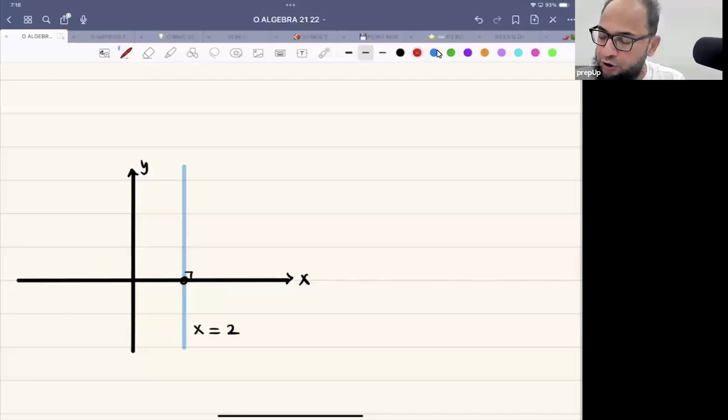Now the question would be to shade the region. Actually, we are interested in the region x is greater than or equal to 2. So let me shade the unwanted region.